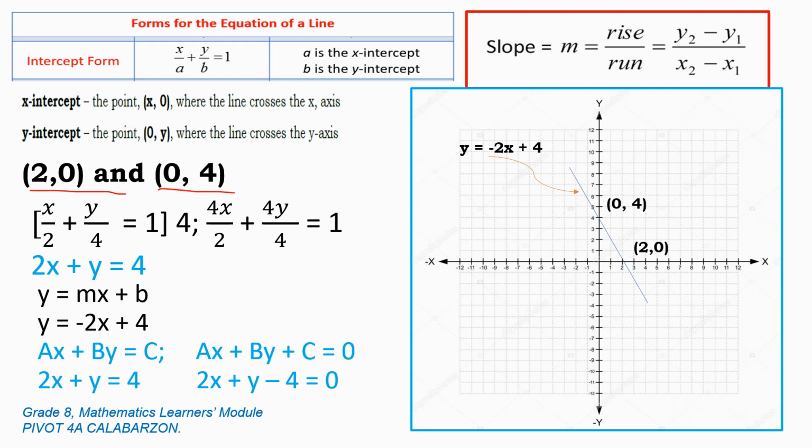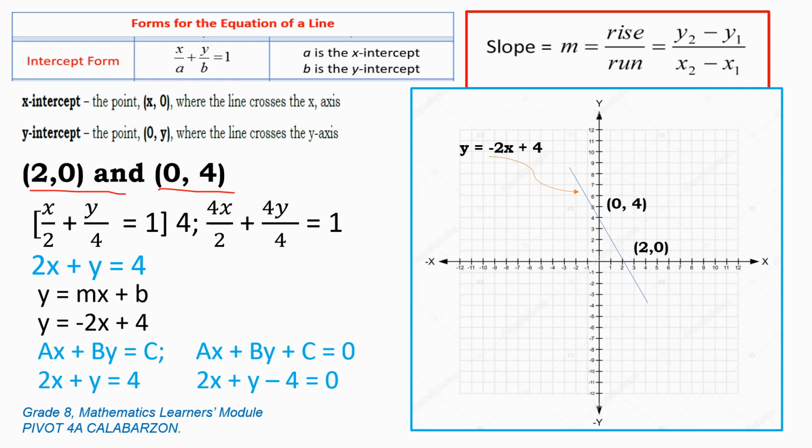So to remove the denominators, use the LCD, or multiply by 4 on both sides. So 4 times x over 2, then 4 times y over 4.